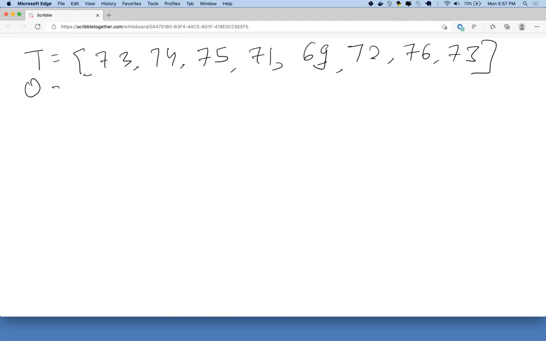And the output is 1, 1, 4, 2, 1, 1, 0, 0.